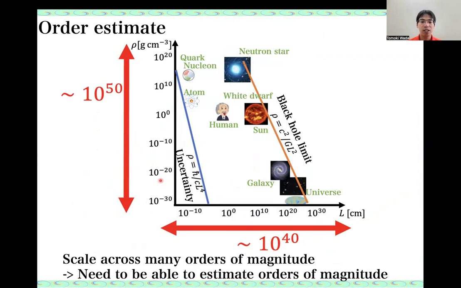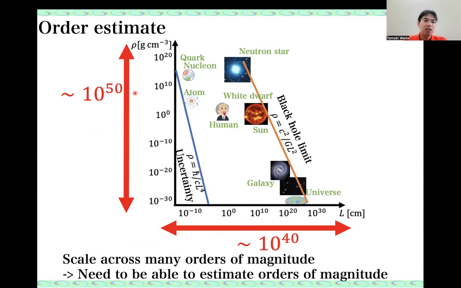As you already know, the size ranges from 10 to the power of minus 10 to 10 to the power of 30. So it is 40 orders of magnitude, and density spans 50 orders of magnitude.